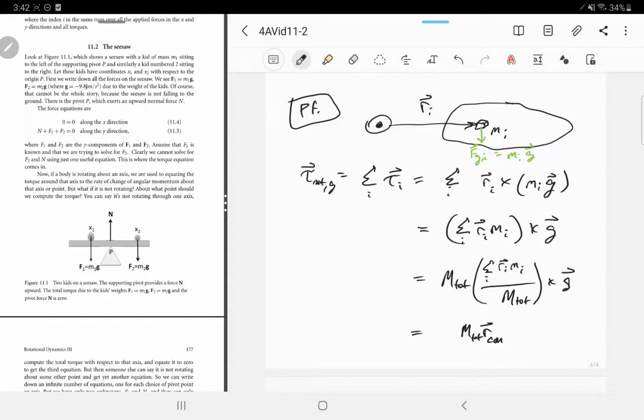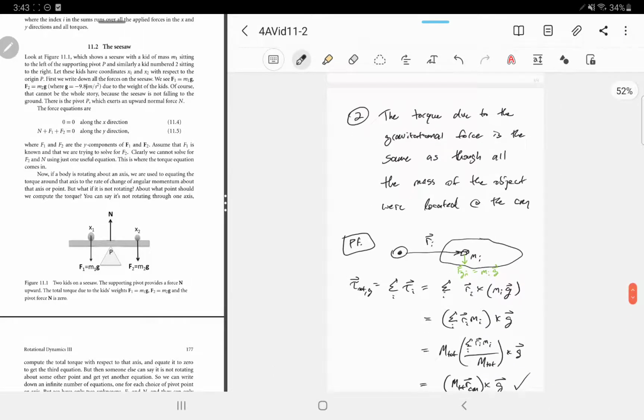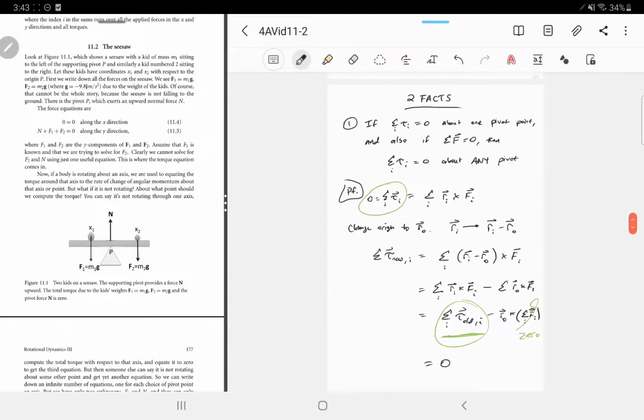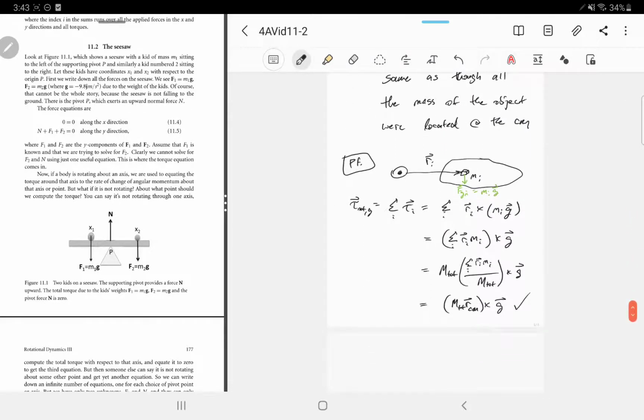So it's the total mass located at the center of mass, times g, that gives the total torque. The net gravitational torque, adding up all the pieces, is the same as though all the mass were located at the center of mass. This is exactly what the statement is, a check mark. So two very useful facts that will help us with all of these torque problems.